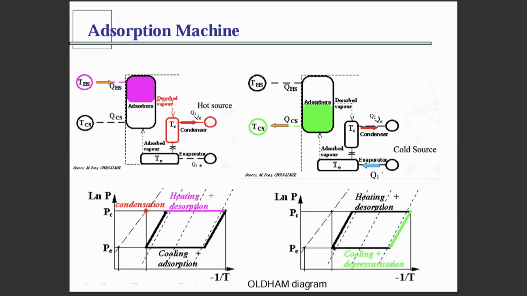That is the interest of this adsorption machine, because all is natural. You are heating it, the vapor is naturally exhausted, goes out, comes into the condenser, then you have pressure loss, and the evaporator, due to the pressure loss, takes some heat, and as it evaporates, it goes up to the tank.